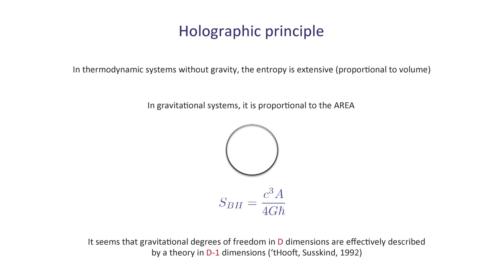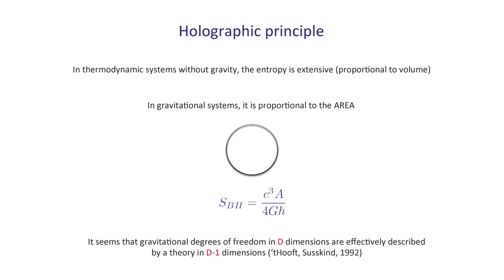In thermodynamic systems without gravity, the entropy is extensive, proportional to volume. You think of a gas or some fluid, and the entropy of the system will be proportional to the volume this gas occupies. But notice that the Bekenstein-Hawking entropy, which we just discussed, is proportional to the horizon area of the black hole, not the volume that the black hole occupies.